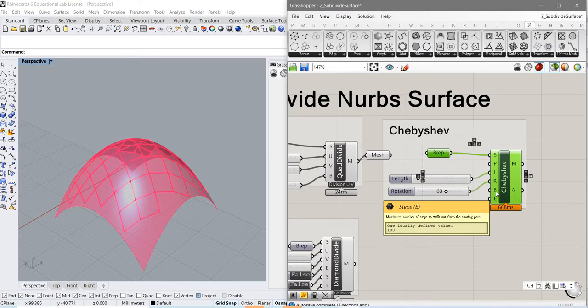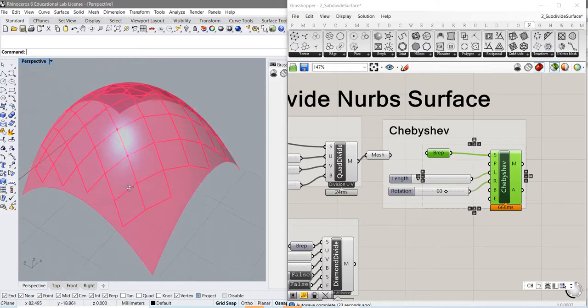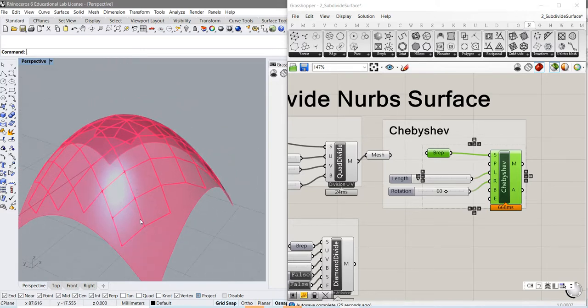This is controlling the number of iterations in the optimization process. Because this computation cannot be done analytically, it has to run through a set of iterations.